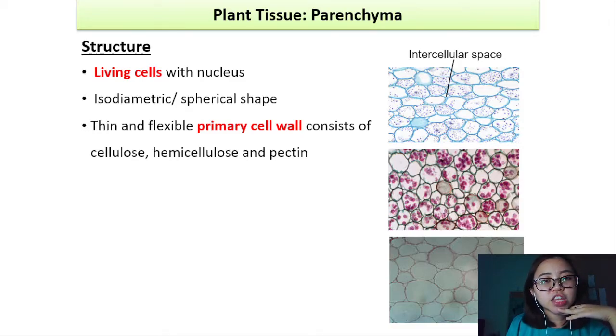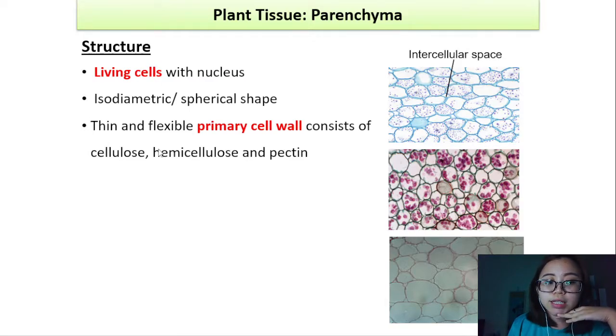Parenchyma have thin and flexible primary cell wall that consists of cellulose, hemicellulose, and pectin. So, dia ada satu lapisan cell wall sahaja yang agak nipis, agak anjal, digelar sebagai primary cell wall.